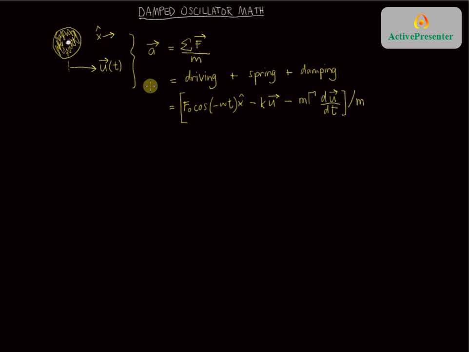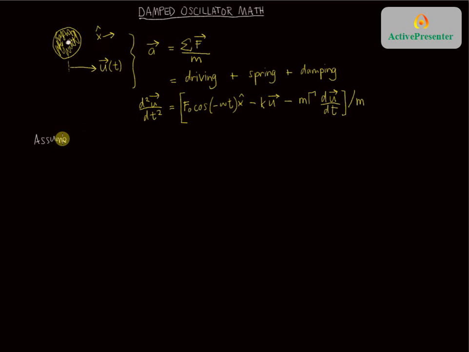All right, and remember that the acceleration, by the way, is defined as the second derivative of the displacement u. So now we've got a good equation here that we can start attacking. We have to make some assumptions about what u is. So we will assume, and we basically make the assumption that u is going to oscillate back and forth with the same frequency as the driving force once this system has come to a stable oscillation.